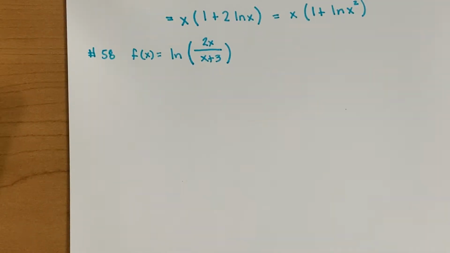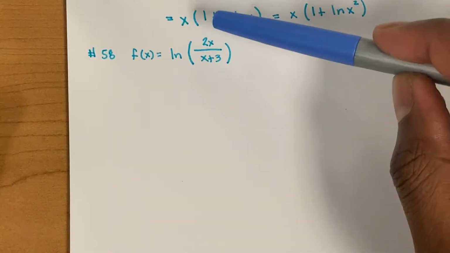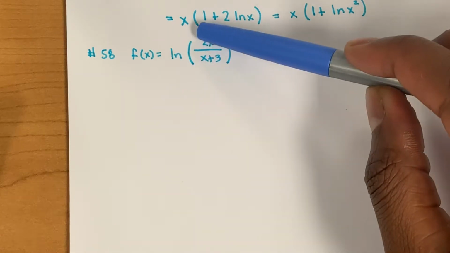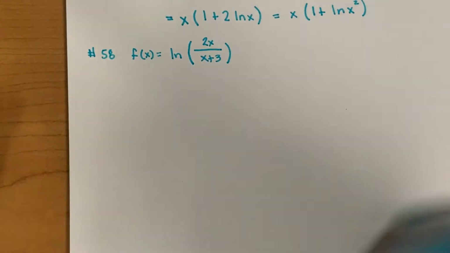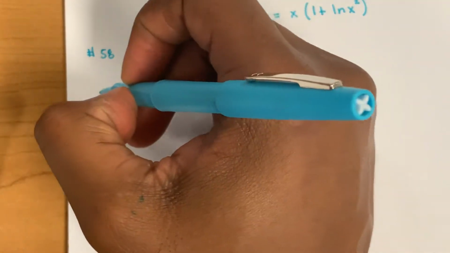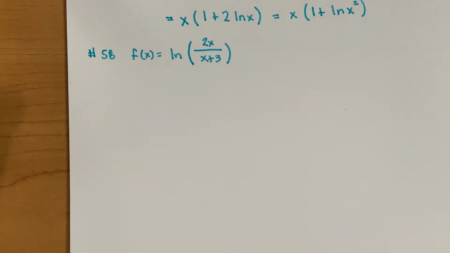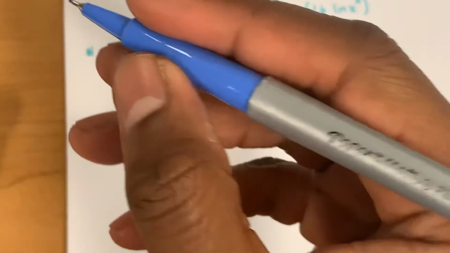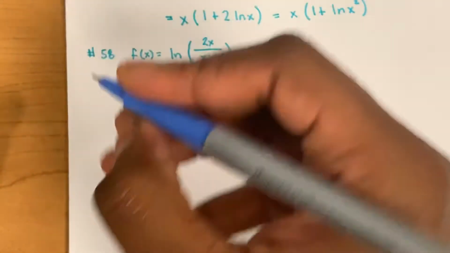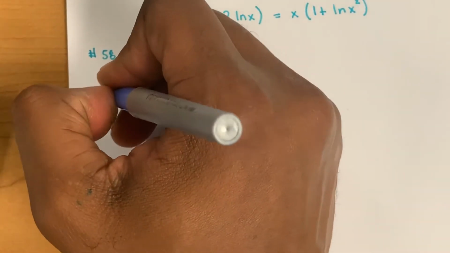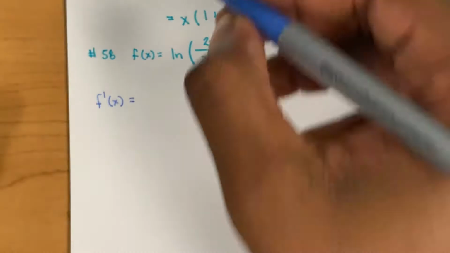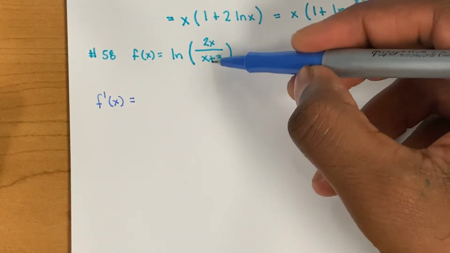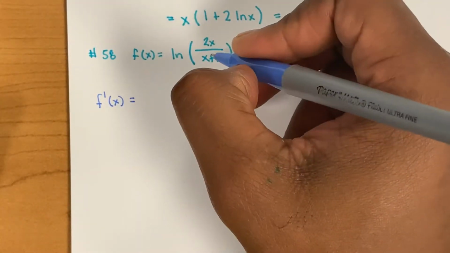Let's imagine that we don't remember the properties of logarithms that say that we can make this the ln of 2x minus the ln of x plus 3. And so in doing so, to do this derivative, we're going to write one derivative in, we'll say, light blue, sponsored by Papermate. So we get f prime of x equals, now if we did the derivative of this input, it would be the quotient rule.